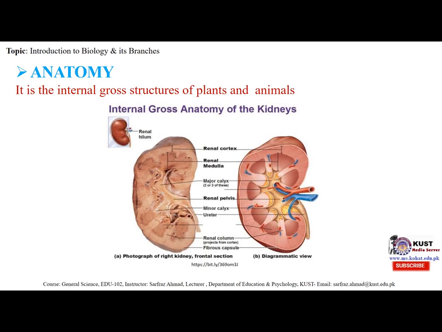Microscopic anatomy looks at the microscopic structure of tissues and organs. Then there are some other methods like clinical applied anatomy, cross sections, and medical imaging. So these are some examples of anatomy.